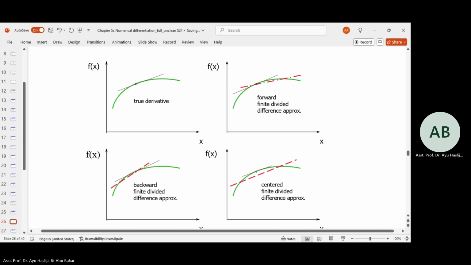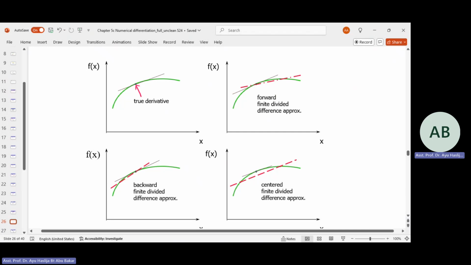Now, this is how it represents for each of the derivative. Okay, the true exactly on the point. Okay, how to get your true derivative? Using calculator. Okay, d/dx, calculator. Function d/dx, function derivative.